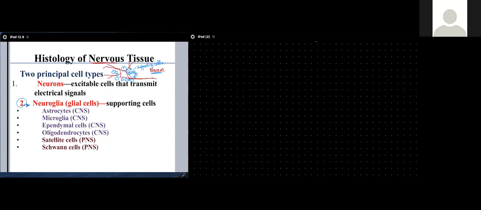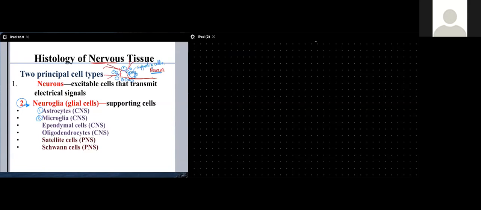Those supporting cells are called the neuroglial cells, or the glial cells. We have different types of glial cells or supporting cells that we're going to be studying in this chapter. First one is called the astrocytes.